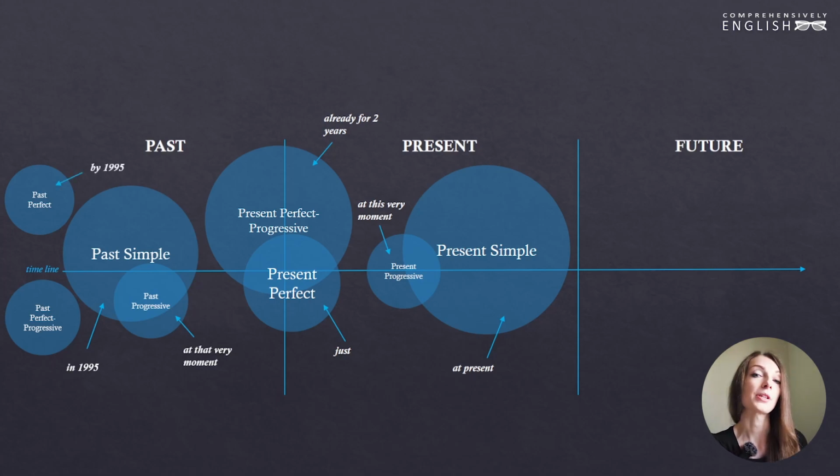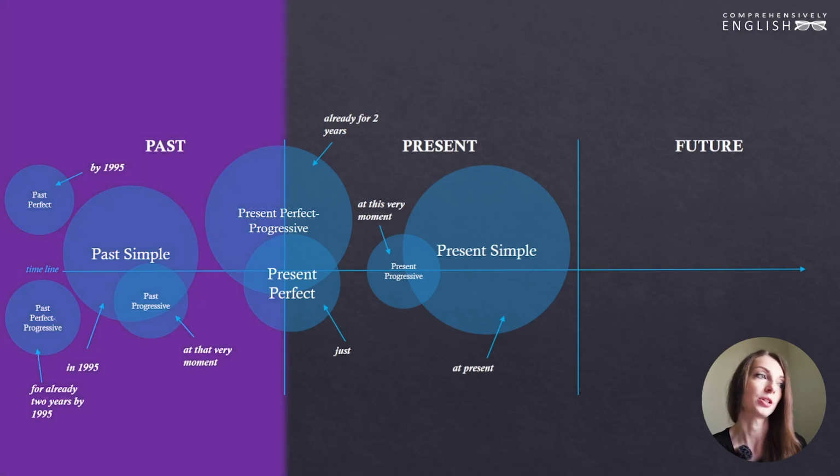Past perfect helps us speak about things that had happened before another action in the past, that is, before the action that is expressed by the past simple tense or the past progressive tense. And past perfect progressive helps us speak about things that were going on in the past but preceded another action. This is where we are today.